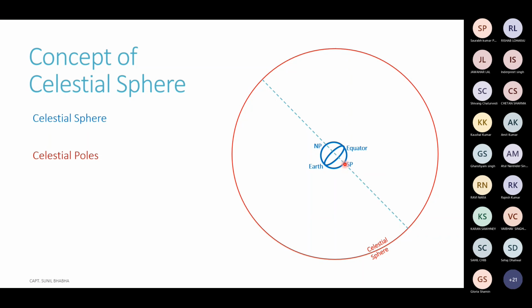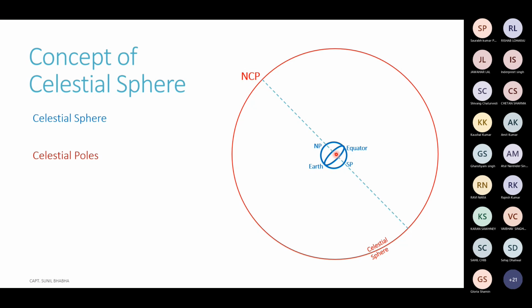Now, if you extend this axis of the Earth, or project it up to the celestial sphere, you see the axis of the Earth extended to the celestial sphere meets the celestial sphere at this particular place. Now, this is known as the North Celestial Pole, represented by NCP, which stands for the North Celestial Pole.